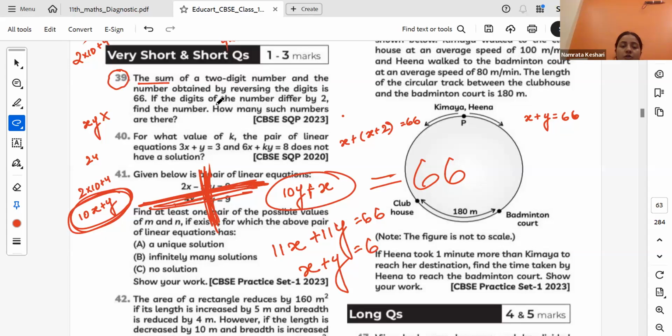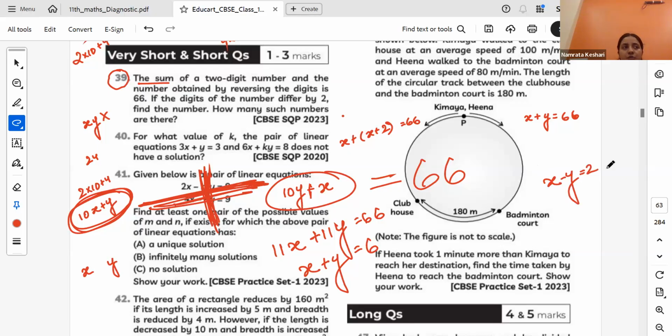Now, if the digits of the number differ by 2, so if I have taken one of them as x, another as y, it differs by 2. Still we don't know which one is bigger, which one is smaller. So randomly I'm just taking x minus y is equals to 2.